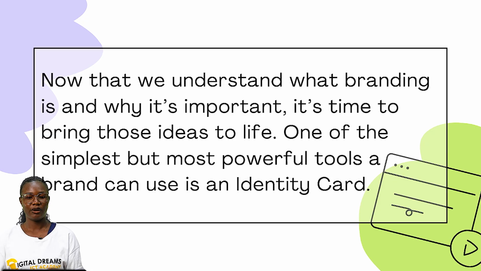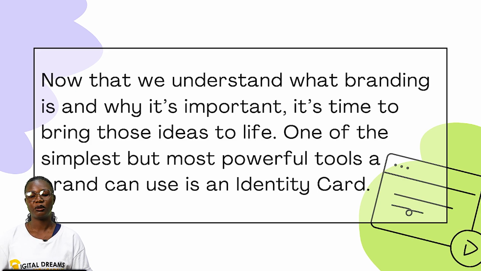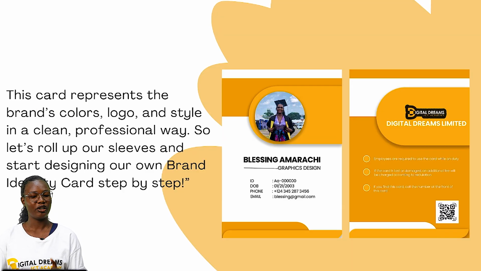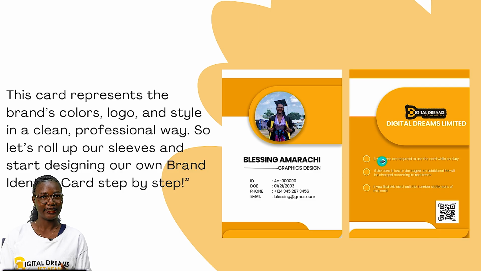All right, so now that we understand what branding is and why it is important, it is time to bring those ideas to life. One of the simplest but most powerful tools a brand could use is an identity card. So we are going to make this identity card. This is a Digital Dreams identity card that we're going to make, and we know that their brand color is yellow, so we are going to use yellow.